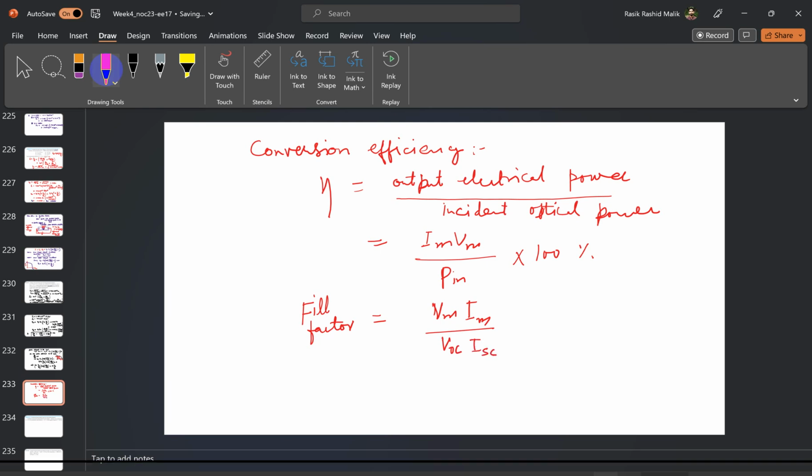That is called the fill factor, and it is a measure of the realizable power of the solar cell. Typically this value is between 0.7 and 0.8.